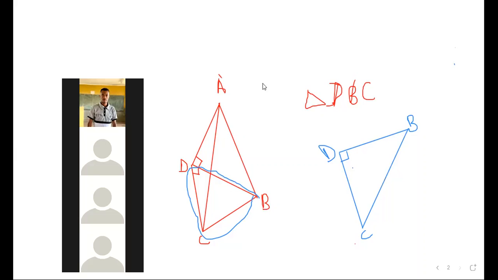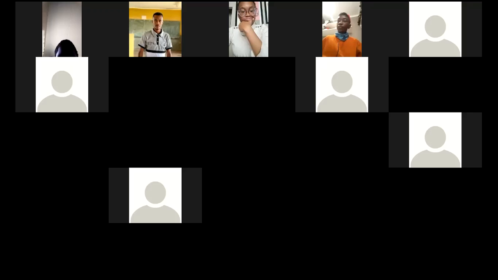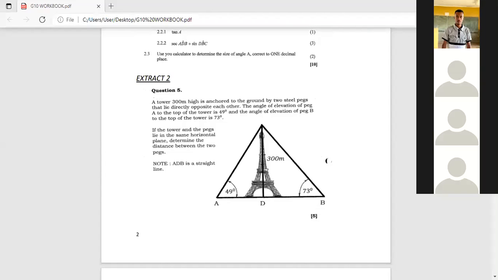Determine the distance between the two pegs. So they want this distance. They want AD, ADB. This is the side they want. So if they want this distance, I have a common side and I have an angle.